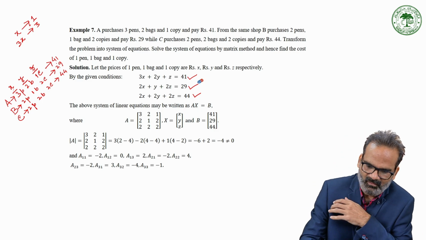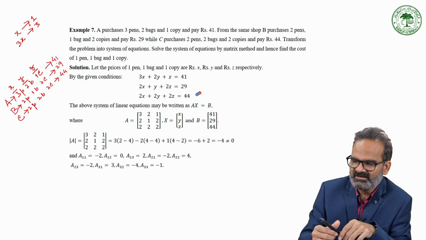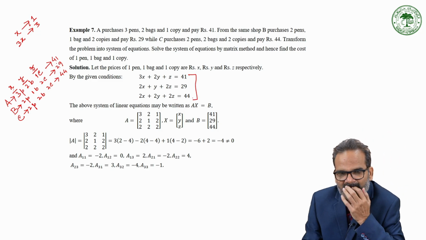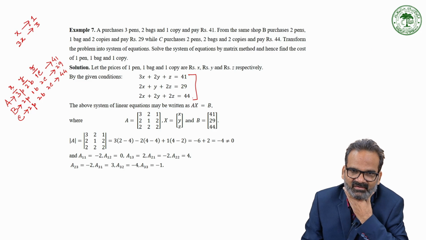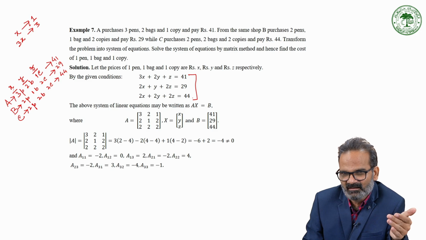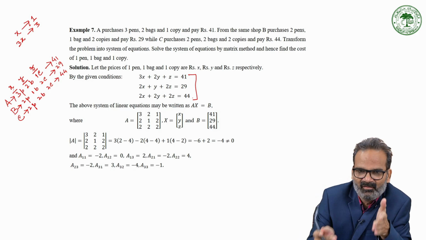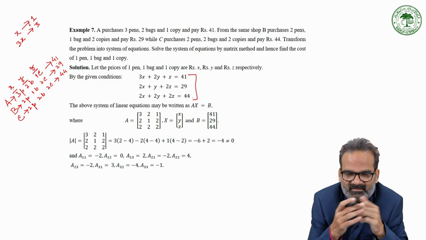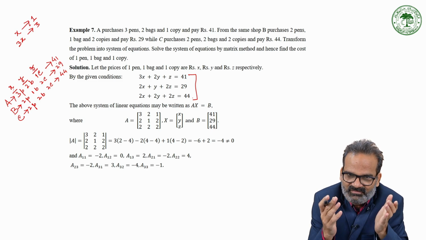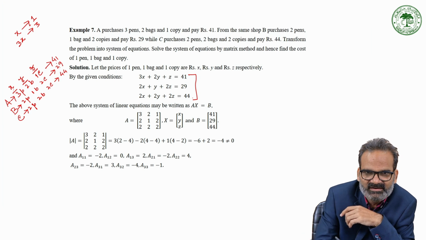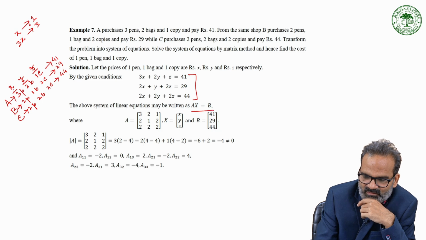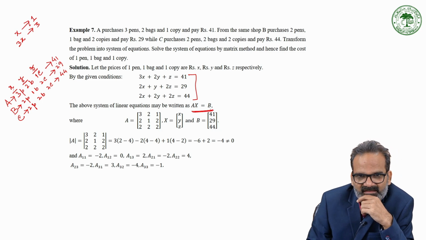Now we know how to find out the solution of these 3 equations having 3 variables x, y and z. So use the approach that we have used in the last examples. One step is to transform these given equations to the matrix form, that is Ax equals B. So the above system of linear equations may be written as Ax equals B. Clear?